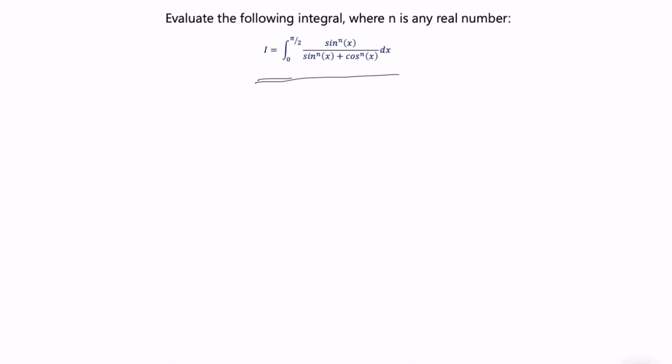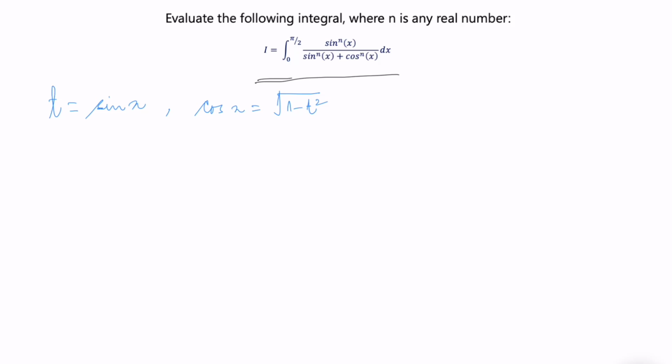So I'm going to use substitution here. Let's assume that t equals sine of x. So if t is sine of x, this also means that cos of x is root under 1 minus t square, right? Because sine square x plus cos square x is 1.